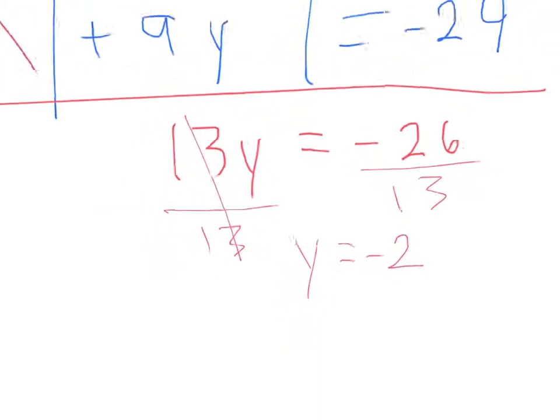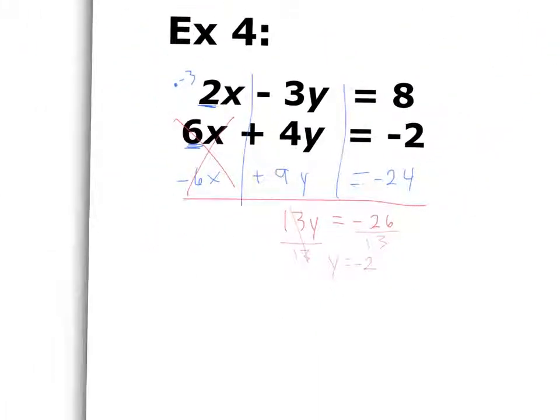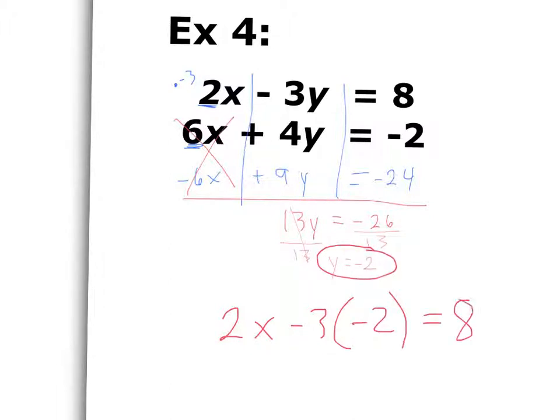So there's our first part of our solution, and now we just have to go plug it in. I'm going to choose the simplest of the equations here, which is up top. So I'm going to rewrite 2x minus 3y equals 8, except instead of a y, I'm going to have a negative 2. That's what we just solved for.